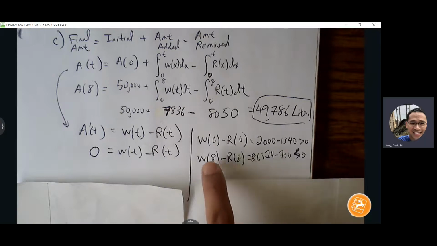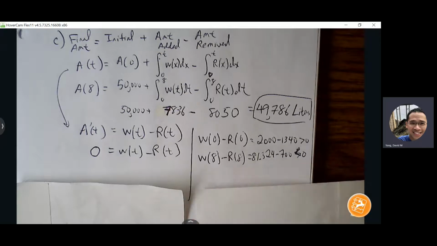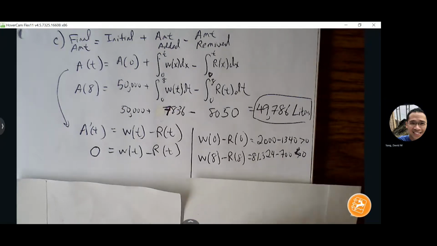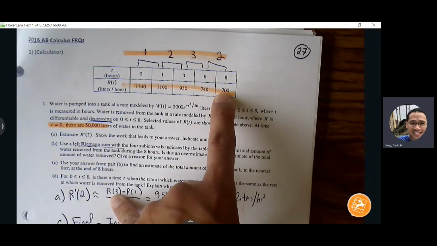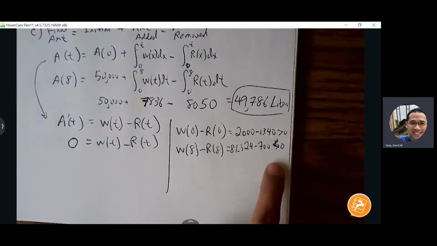But then if I figure out what's happening at 8 hours in, W of 8 minus R of 8, if I enter 8 into my W of t function, I get 81.3. If I look at R of 8, the rate at which water is leaving 8 hours in is 700. If I subtract them, I get a value less than 0.